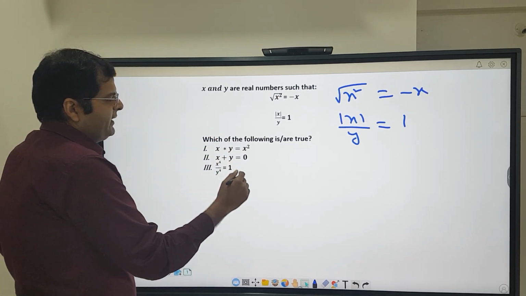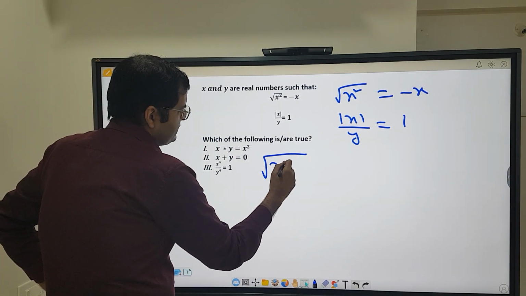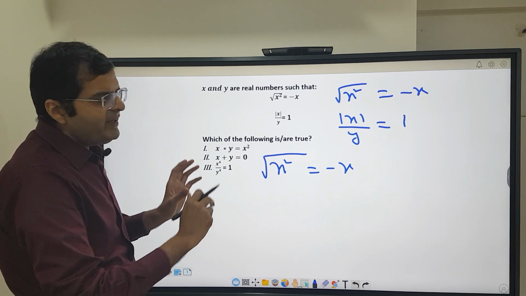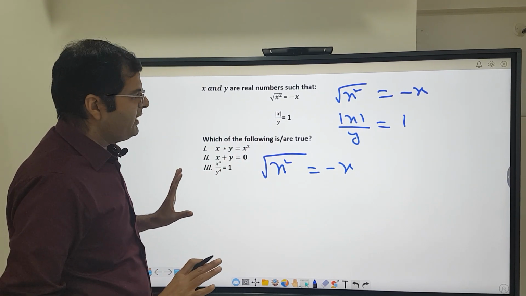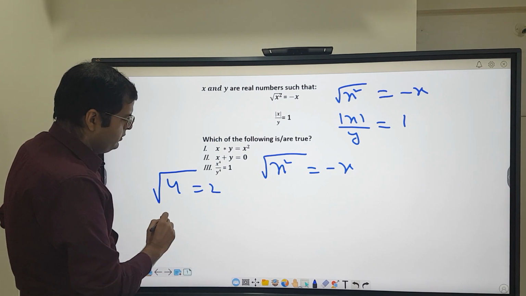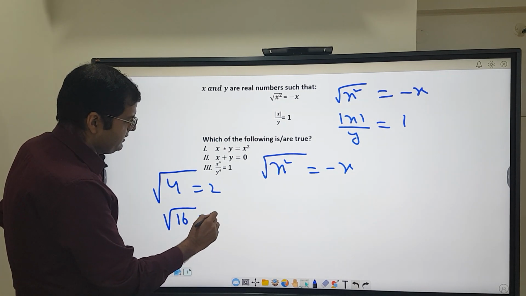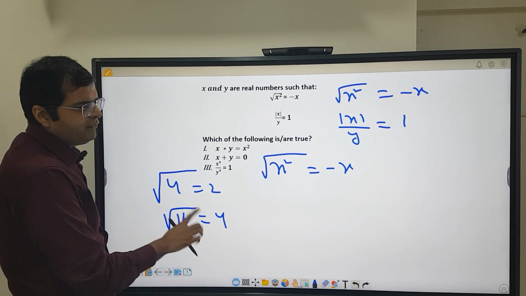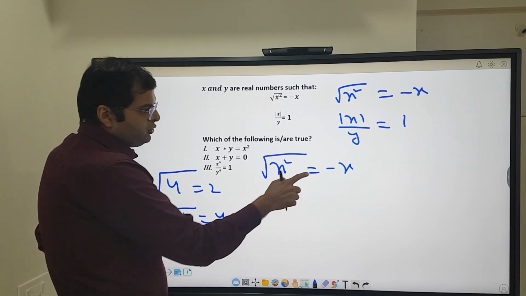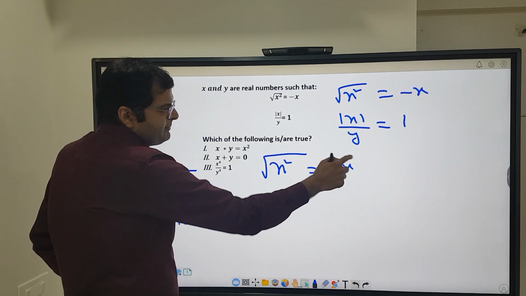So first statement, if I have square root of x square equal to minus x, a square root cannot give me a negative number. If I have square root of 4, it is equal to 2. Square root of 16, is it minus 4? No, it is 4. So square root is giving me a positive number. The result should be positive, but it is minus x.